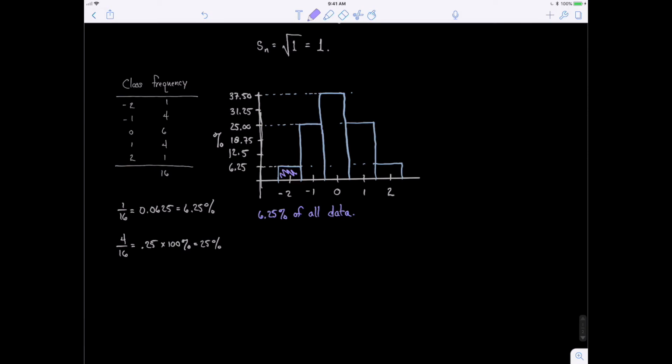Now, let's take this and let's try it with a green. What if I colored this first bar, and then I kept coloring, and I colored this second bar? Well, then what I've done is I've colored 6.25% plus another 25%. So that's 31.25% of all data.